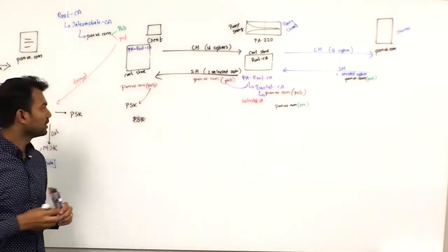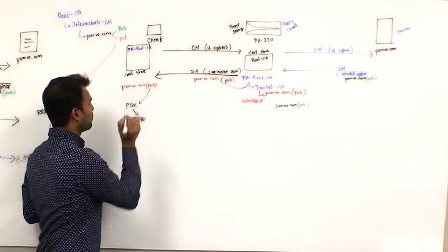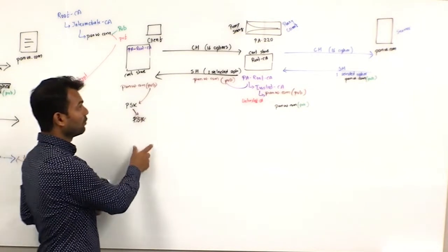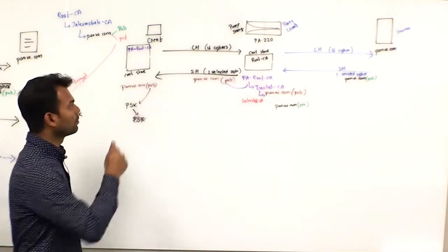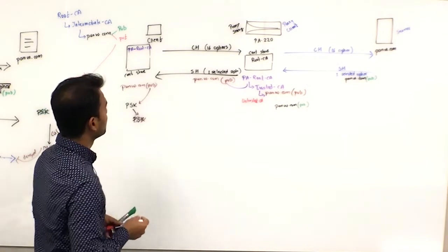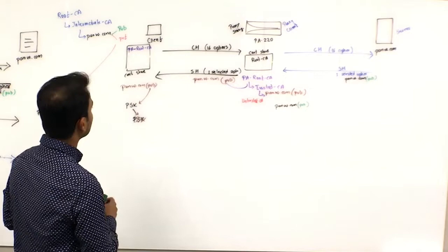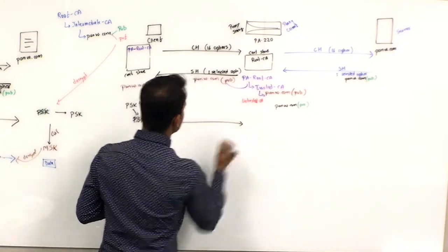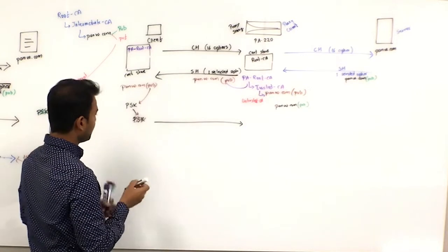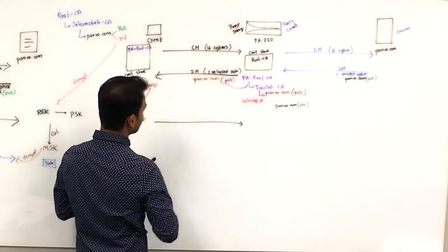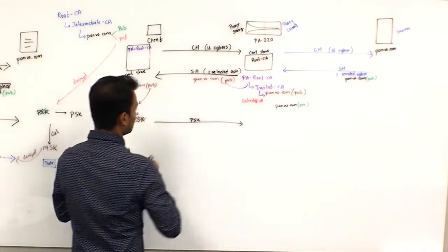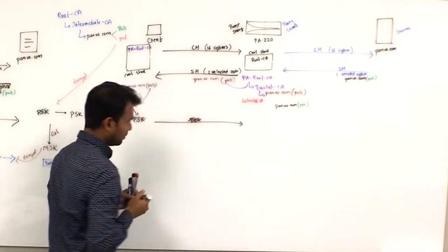So it will be encrypted by the server certificate. Remember, this server certificate is not the original server certificate, but the one from the firewall which we received as a client. Now this pre-shared key will be sent to the firewall, so let's say PSK encrypted by the public key.